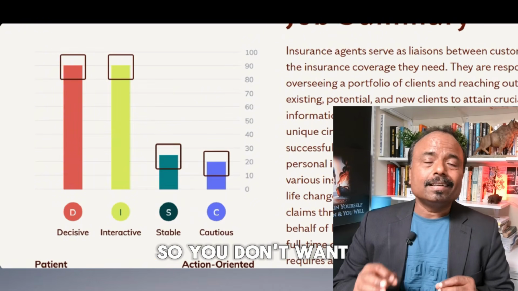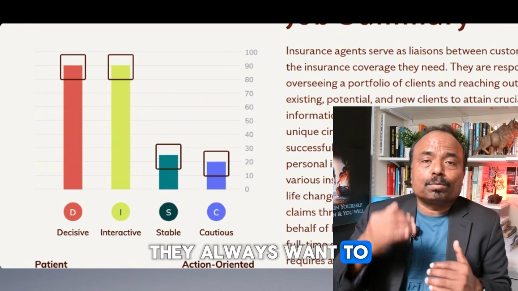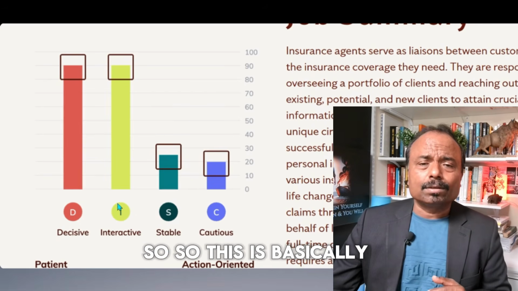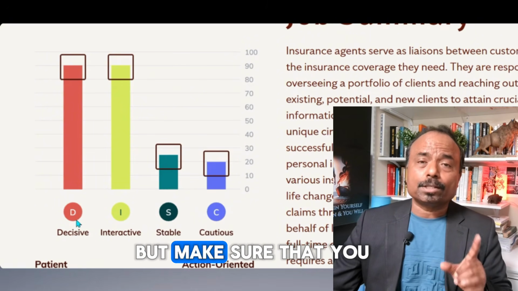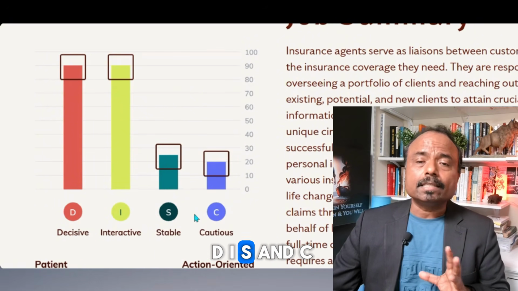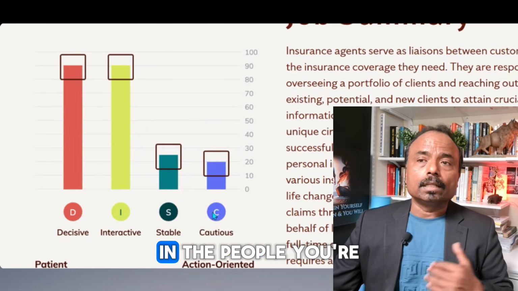You don't want your salespeople to be perfectionists, because then they will never make a sale. They always want to make it perfect. So this is basically a little bit basic, but make sure that you know the meaning of D, I, S, and C, because that's what you're going to look for in the people you hire.